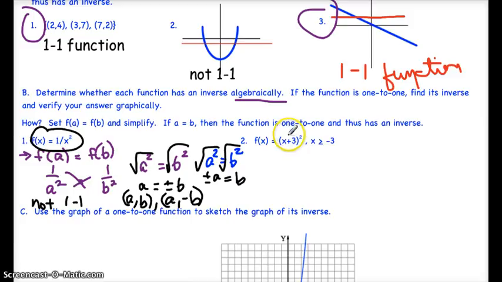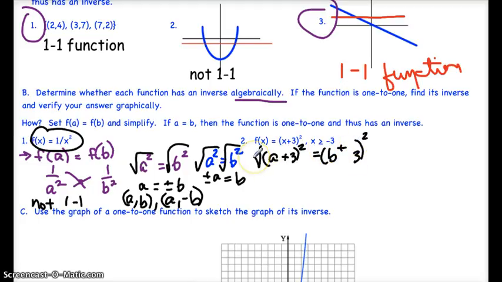Again, I'm going to set f of a equal to f of b. And if a equals b, then the function is one-to-one. So the square root of a plus 3, squared, equals the square root of b plus 3, squared.